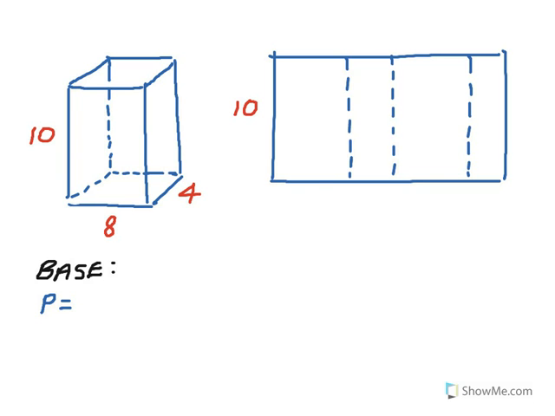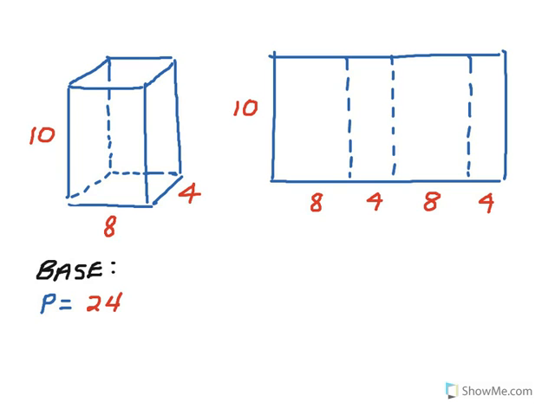And the front panel would be 8 by 10, and the right side panel would be 4 by 10, and the back panel would be 8 by 10, and the panel on the left, that lateral face, would have an area of 4 by 10. So really, it's just 8 plus 4 plus 8 plus 4, which is a perimeter of 24, and a height of 10.